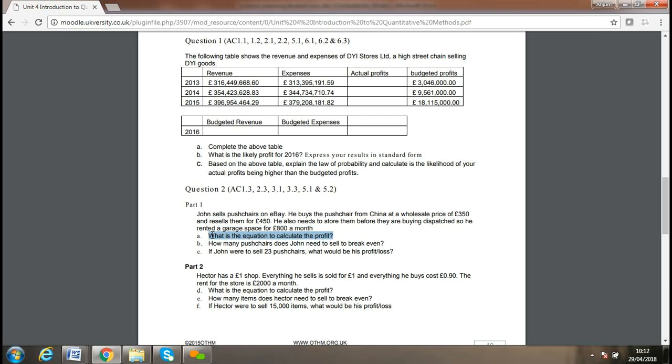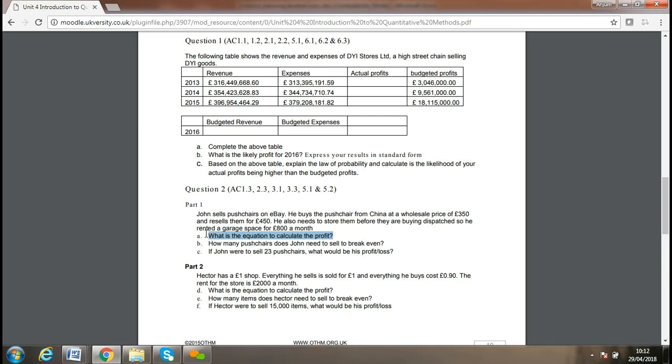Next we need to calculate break-even point. How many pushchairs does John need to sell to break even? We will take the fixed cost divided by the contribution per unit. So how much contribution per unit do we have?